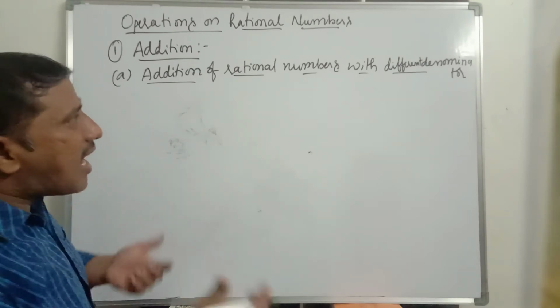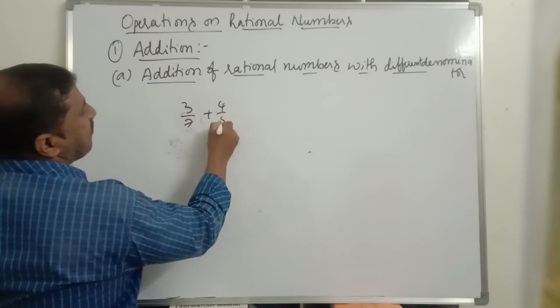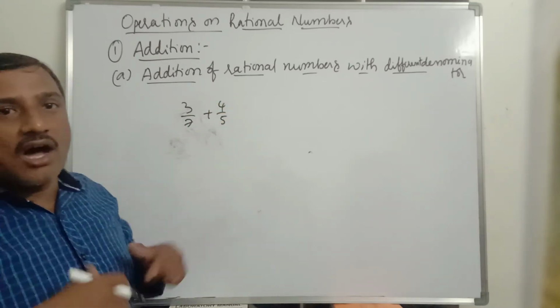That is, how to add rational numbers like 3 by 7 plus 4 by 5? The denominators are different. Then how do we add?